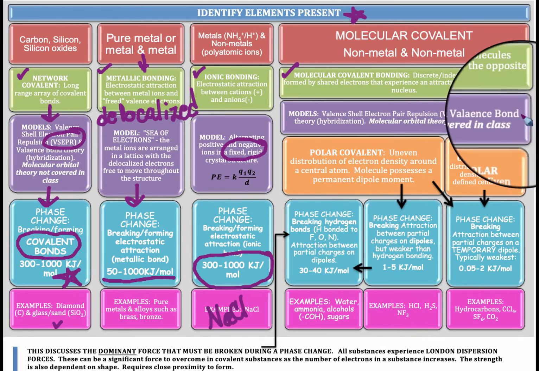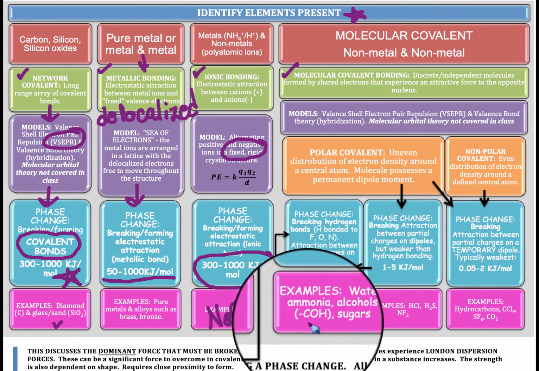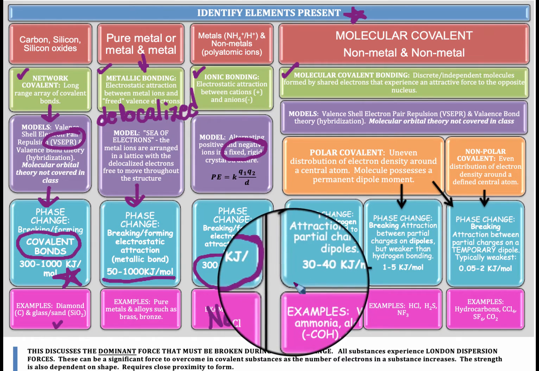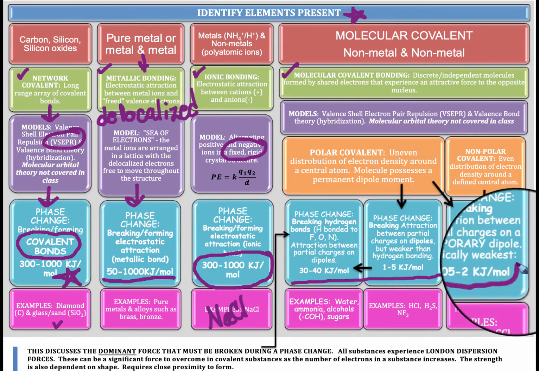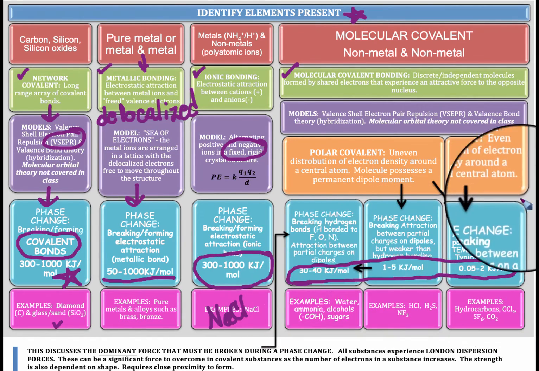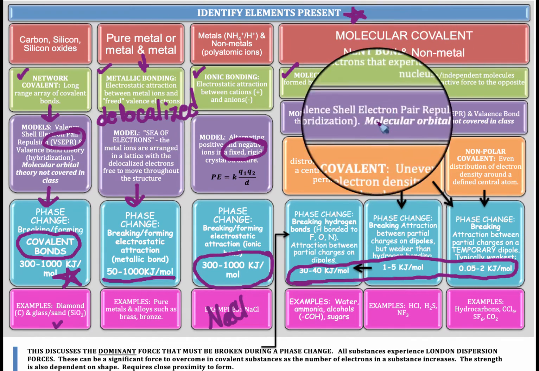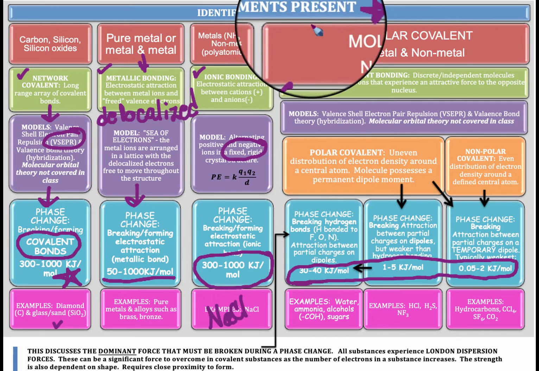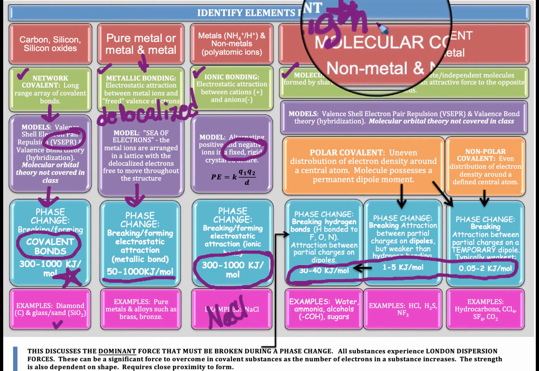All right, and then we get into molecular covalent. If you look at the range of energy, we're talking about orders of magnitude less energy to break the forces of attraction between molecular covalent molecules. And that's because we're talking about an attraction between neighboring molecules.